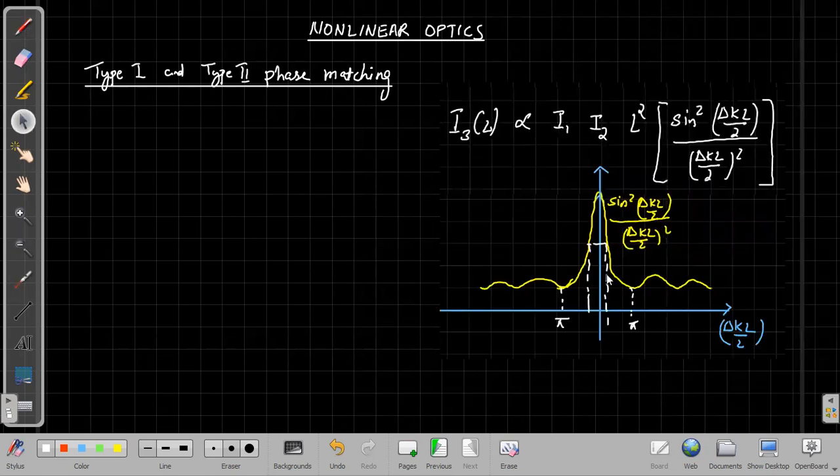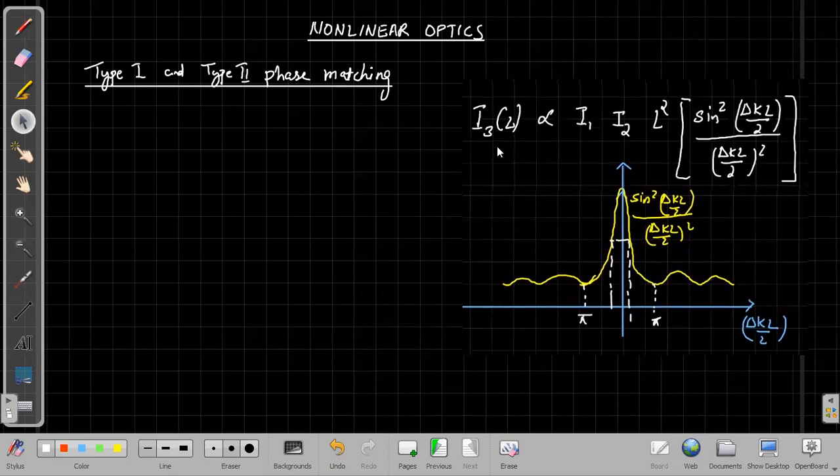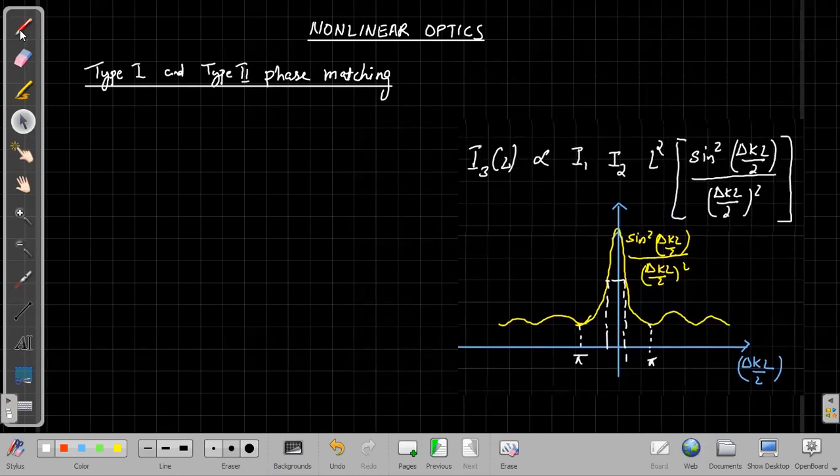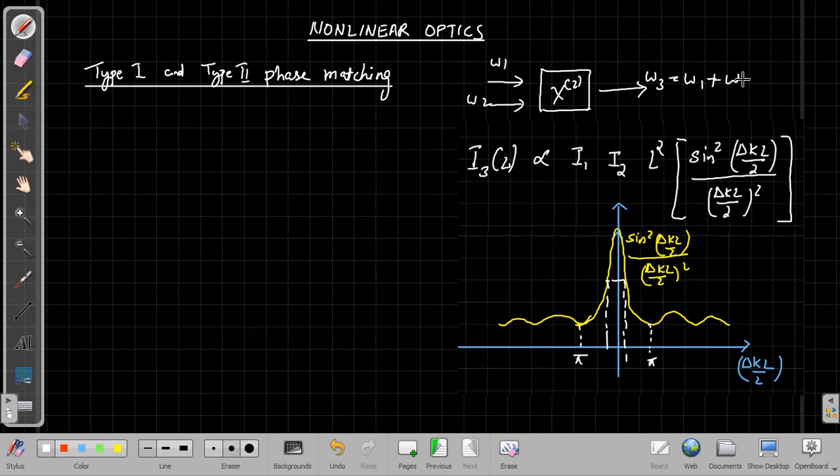In the last class, we found the intensity of the sum frequency generation, which is omega 3. If you have two incident frequencies, omega 1 and omega 2, on a nonlinear crystal with second order susceptibility, second order polarization, then it is possible to get the sum frequency omega 3, which is equal to omega 1 plus omega 2.